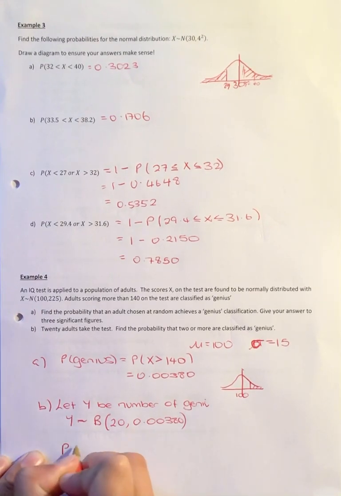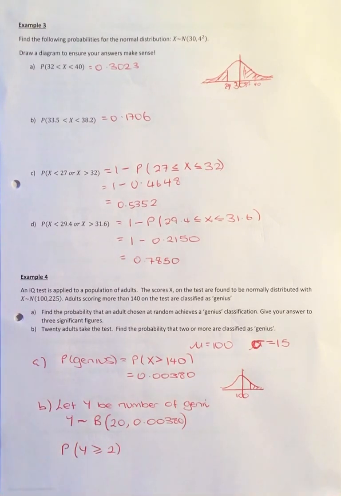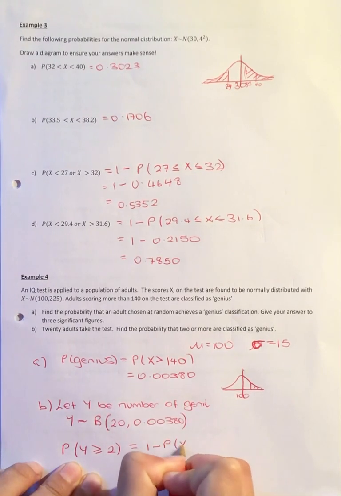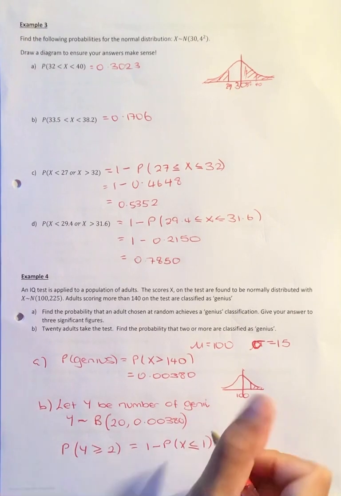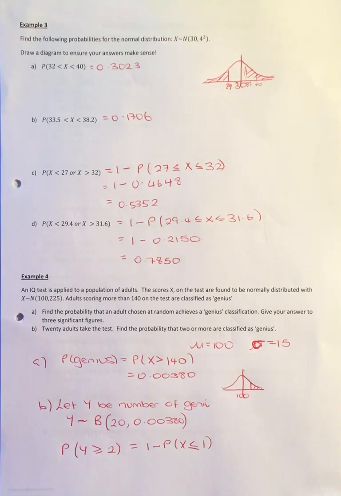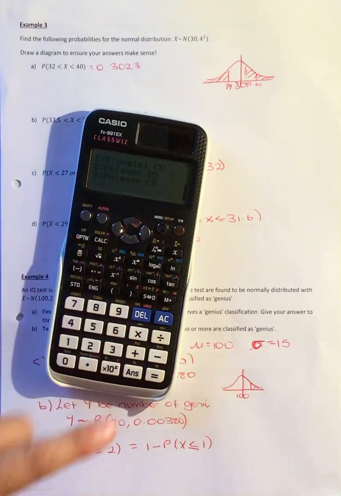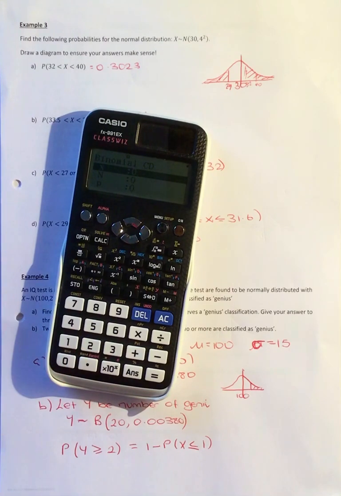We want the probability y is greater than or equal to 2, which is 1 minus the probability y is less than or equal to 1. Remember, on our calculator, if we use the binomial cumulative distribution, that will give us the probability x is less than or equal to a value.